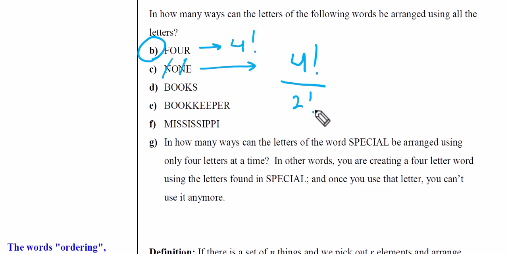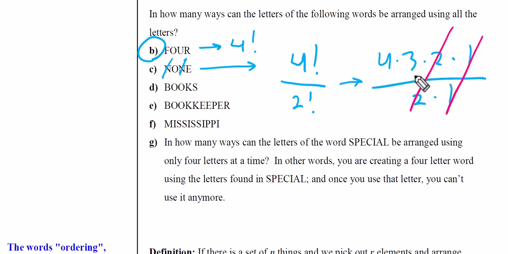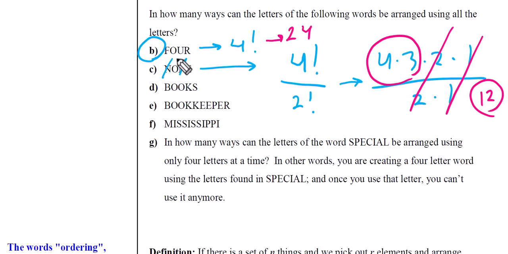And this would be the appropriate setup for part C. We could, of course, if you want to go ahead and write it all out and then cancel things out, you would note that there's only 12 unique possible ways to arrange all 4 letters of the word none. So that's half the amount that we had for part B, where all the letters were unique. So that's pretty fascinating, that we would have double counted twice as much if we hadn't done the math right.